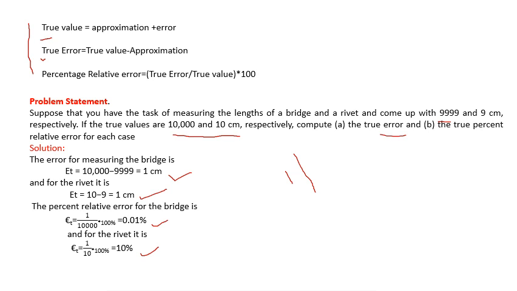So this 10% is more severe. You can use a simple tape to measure the length of a bridge, but you cannot use a simple scale to measure the length of a rivet. For measuring the length of a rivet, you might need a vernier. So this example tells us why context is important in measurement.